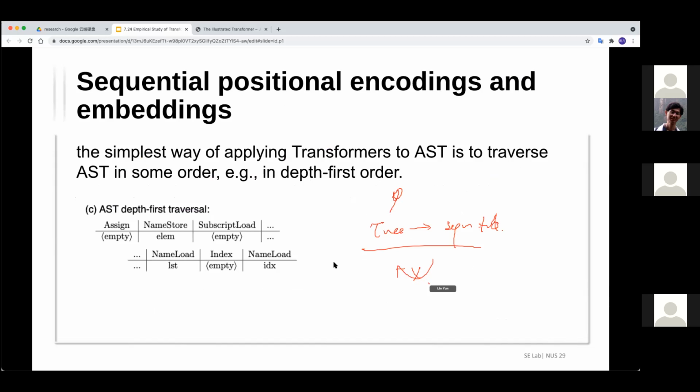So in this case, if we do not keep the tree structure and just apply some arbitrary relative positional embeddings, why not just take the code as a sequence, and why bother looking into the tree? I also don't know. This is a baseline.